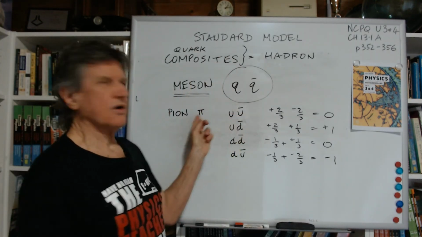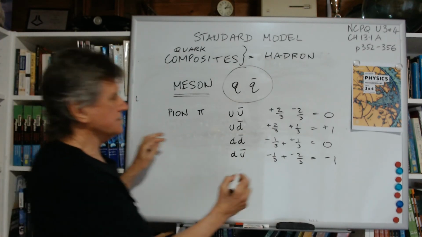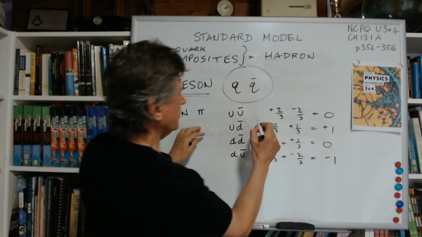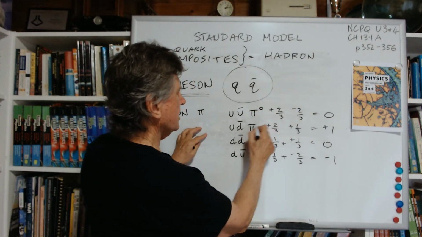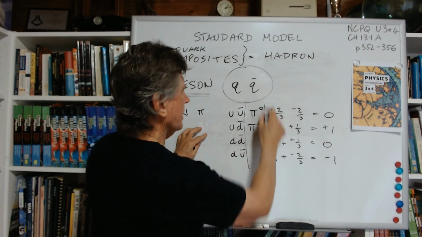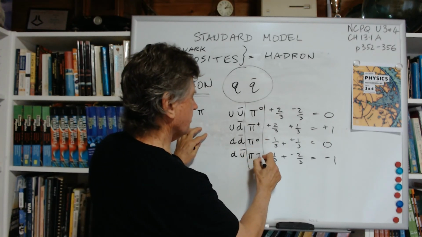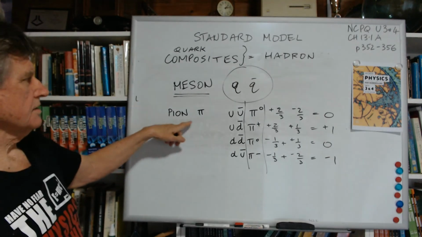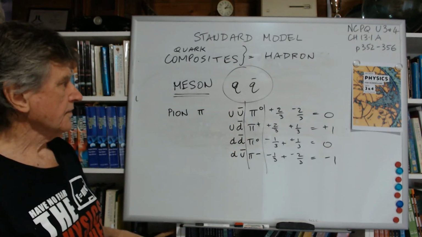So the pions could be 0, 1 or negative 1, and they're often shown as pi 0, pi plus, pi minus. Okay, so a negative pion, neutral pion, and positive pion.